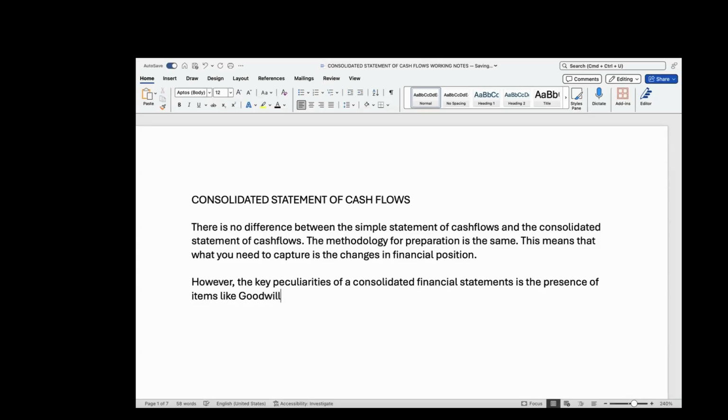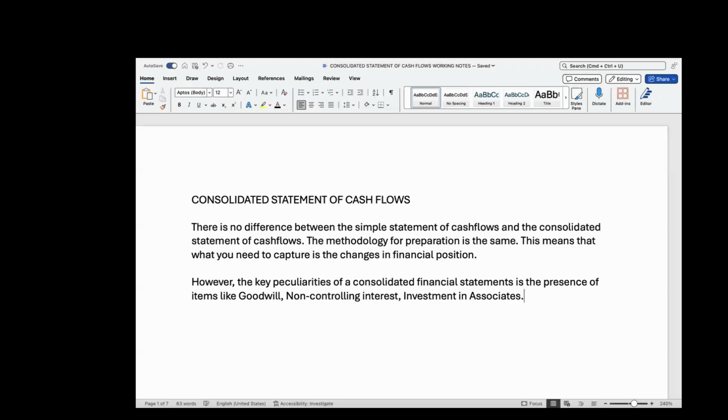You know that when you prepare a consolidated financial statement, you find items like goodwill there. You find items like non-controlling interest there. You find items like investment in associates there. Basically, these three are the key peculiarities you would identify.